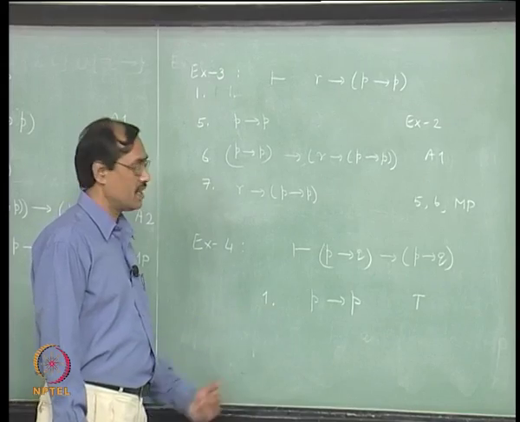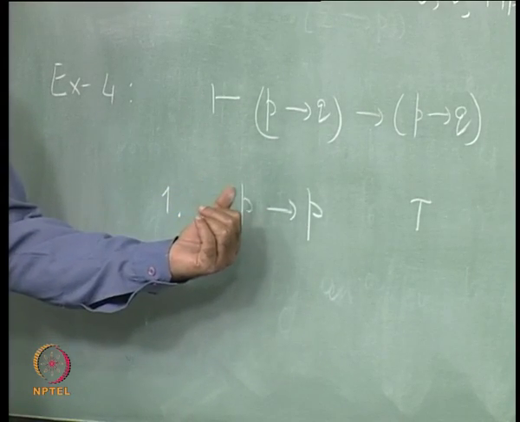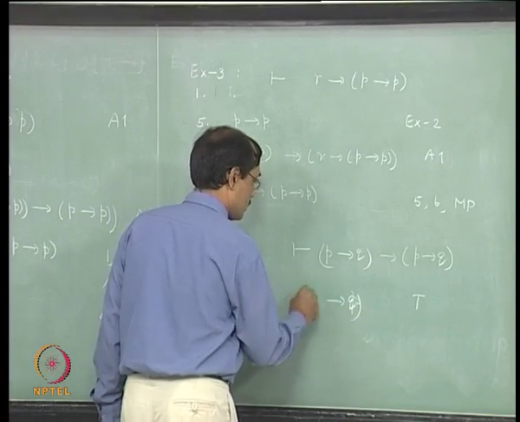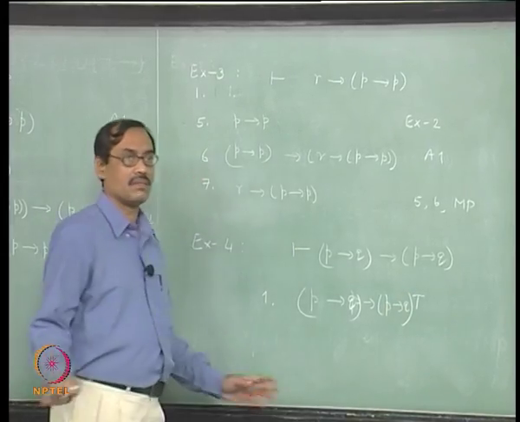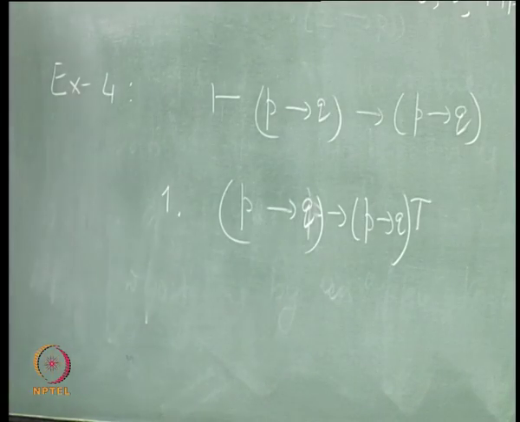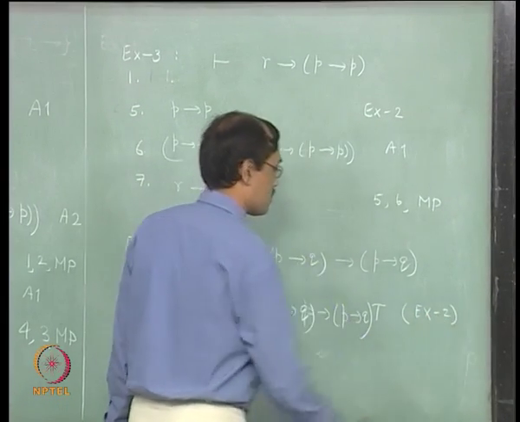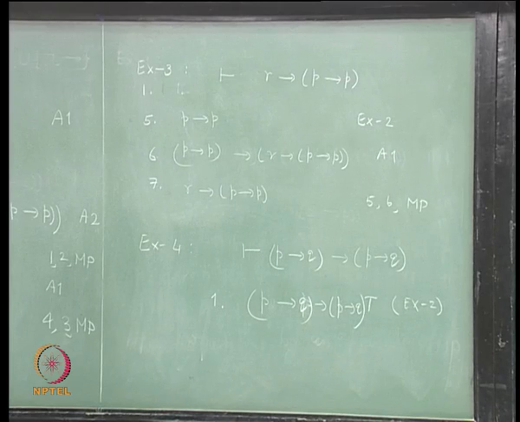Now, substituting you get this, but all these steps will be taken together instead of writing all these things. We will simply write P implies Q implies P implies Q is a theorem, already we have done it. So, we can refer back, for example, example 2, that is where we have proved it, since each theorem can be taken as a theorem scheme.